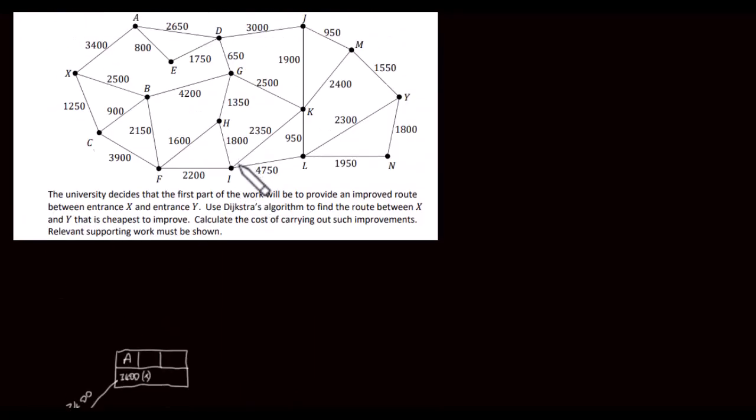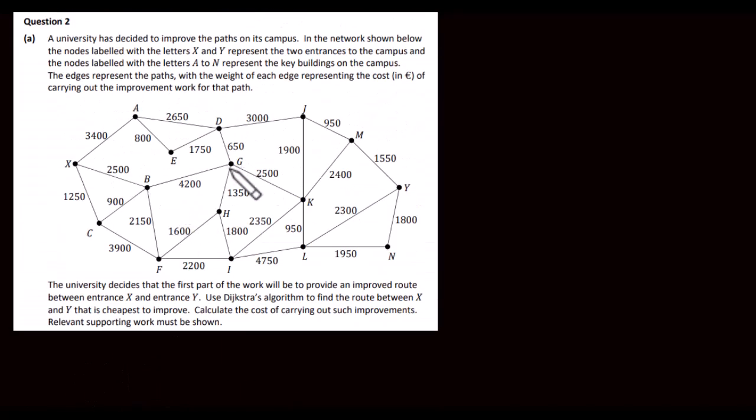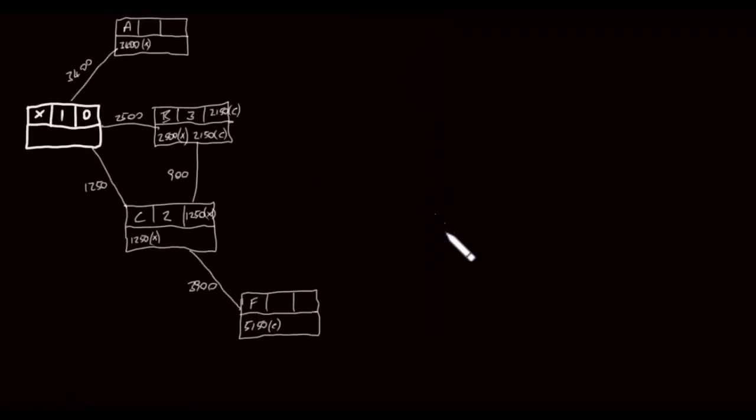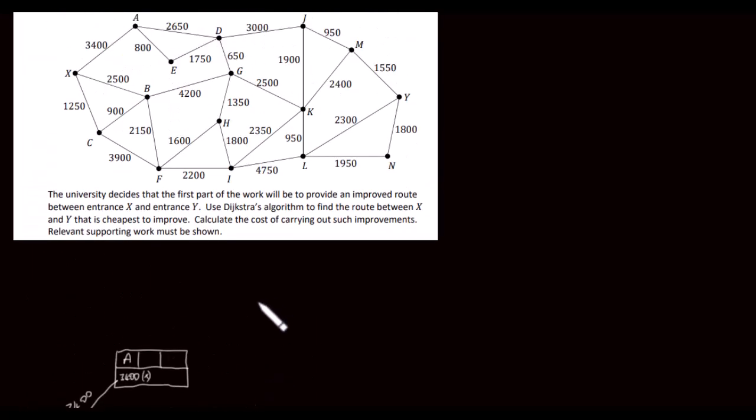So now we've got to look at all the nodes that are connected to B. So let's have a look at all of those. So B is connected to G and B is connected to F. So G and F. Okay, so we've got to connect B to, let's say, F first. So if we come down along here, we can see that it is 2150.